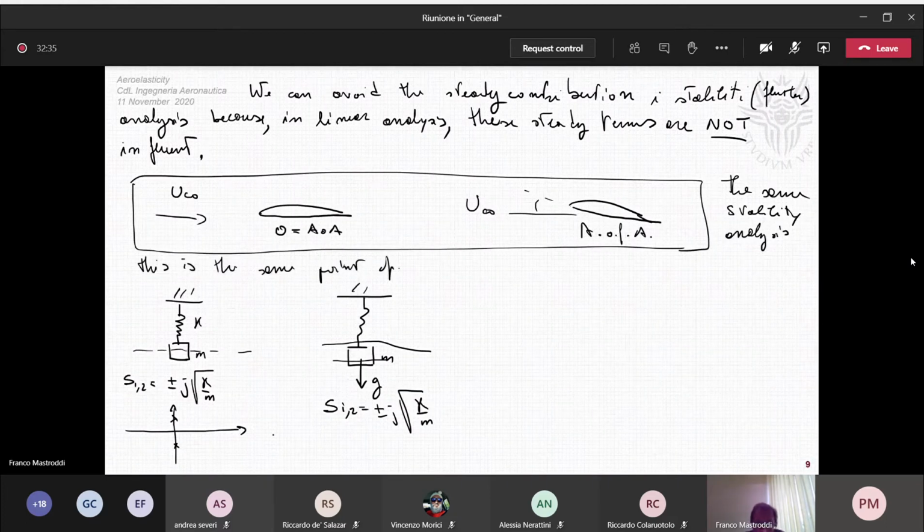So you have the same poles, the same vibrating characteristic, but here around zero and here around a not zero solution given by the presence of the gravity. Okay?